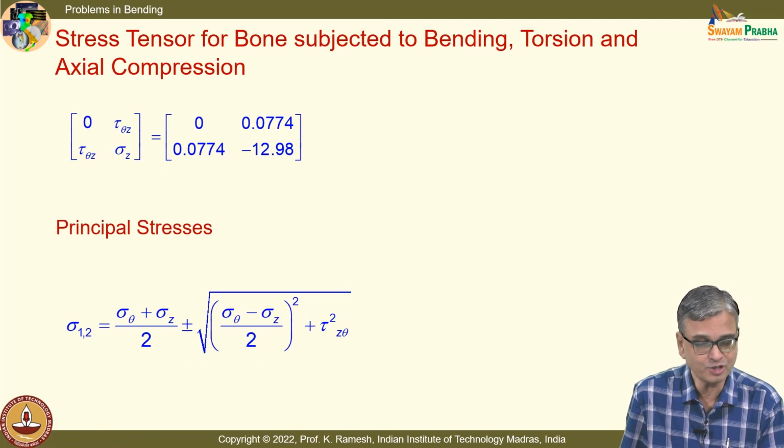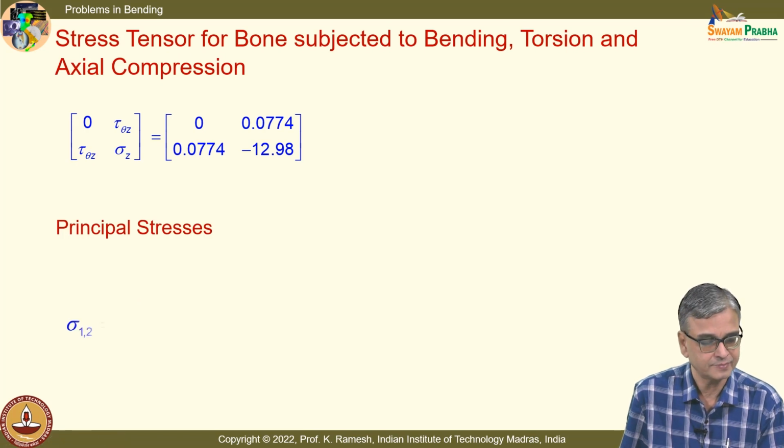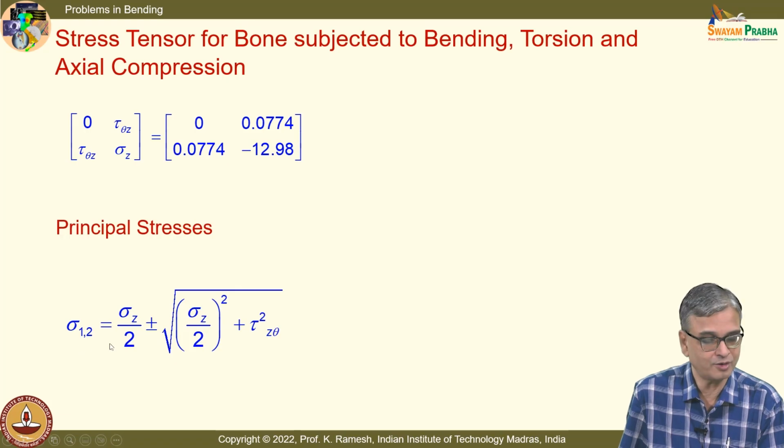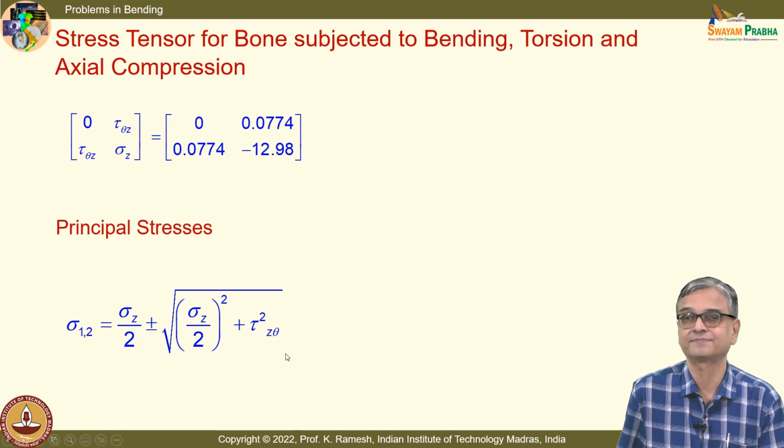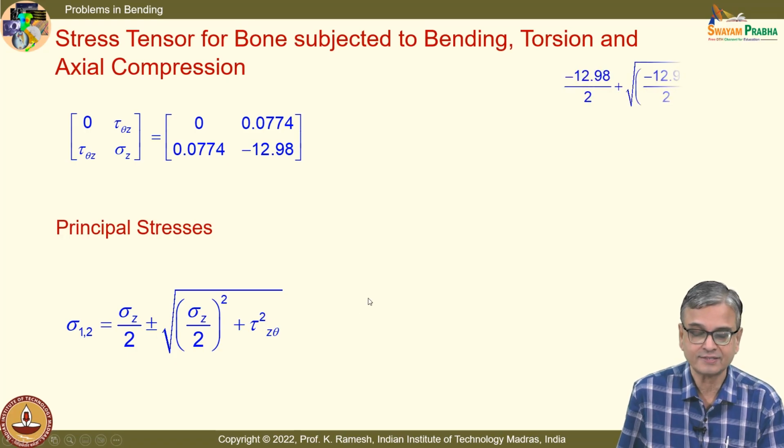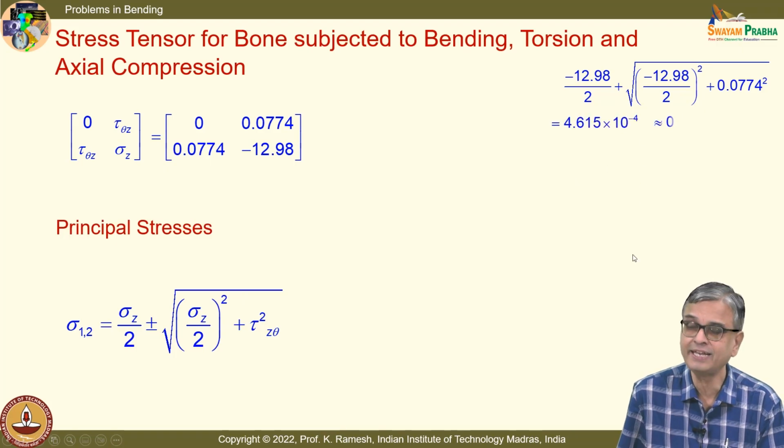So, I have to substitute this. I have no sigma theta, so I can also have a much simpler expression. I have sigma 1, 2 as sigma z by 2 plus or minus square root of (sigma z by 2) whole square plus tau square z theta. I have to calculate what is happening for the positive sign, what is happening for the negative sign.